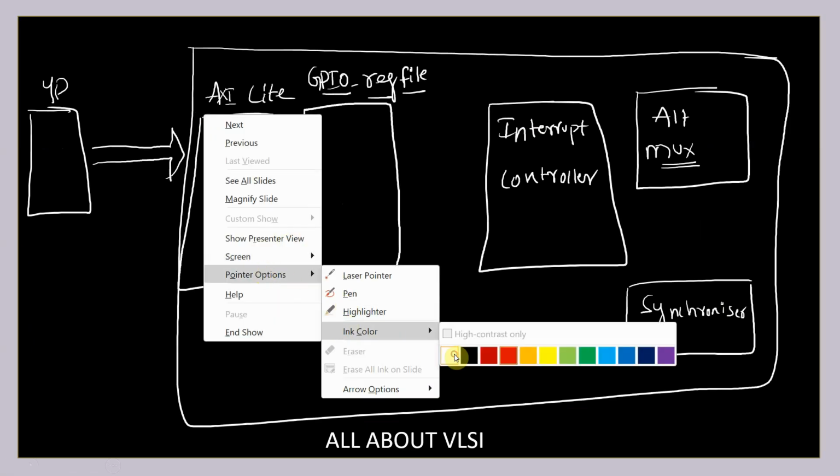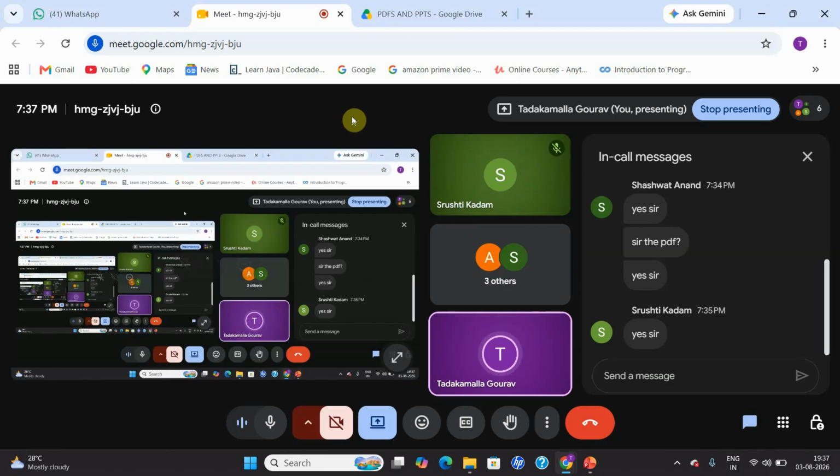Can anyone tell me what the different functionalities of this GPIO controller are, which we have discussed previously in our session? Anyone wants to answer?